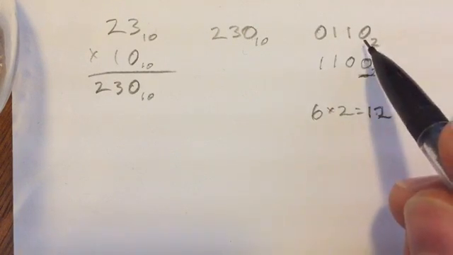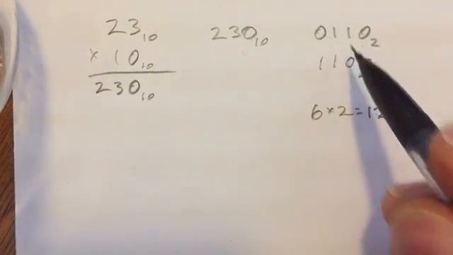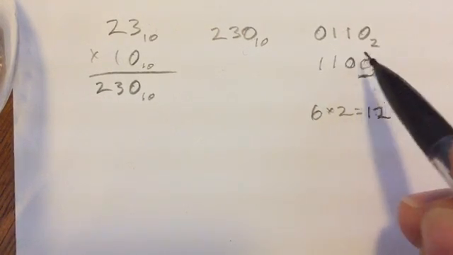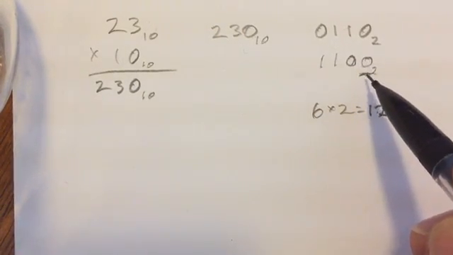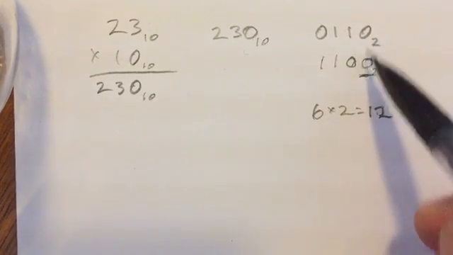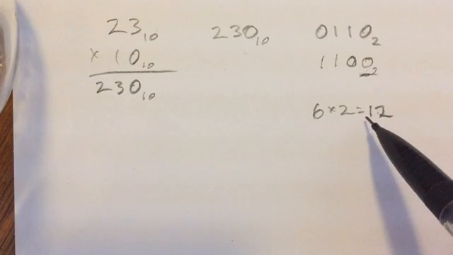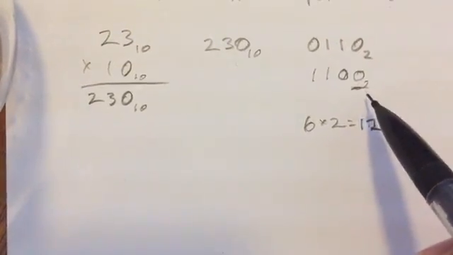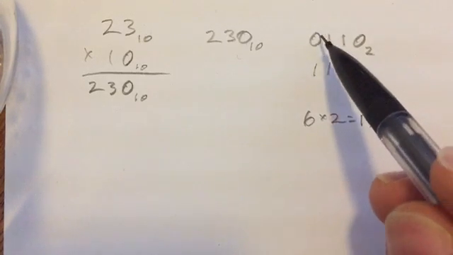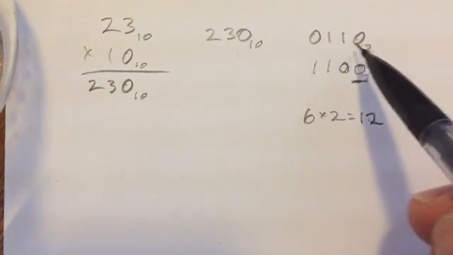So now, instead of having 6, we can, in one instruction in assembly language, mind you, shift out that 0, because we're using a very small value.